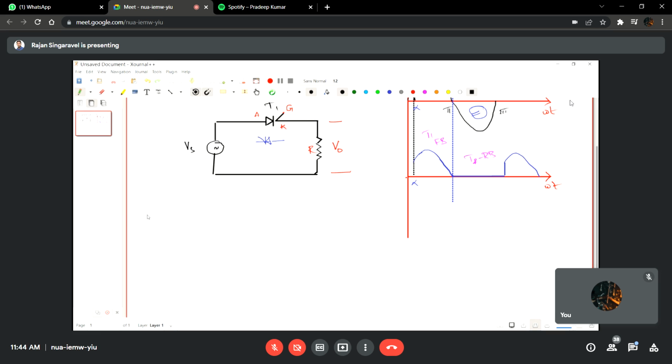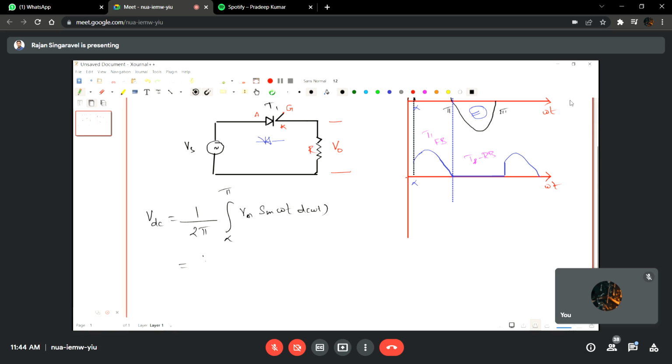So the average output equation VDC can be written as the average should be taken for the whole 2 pi period, and the waveform is available only from alpha to pi, and the equation for the sine wave is Vm sine omega t d of omega t. This is the equation available.